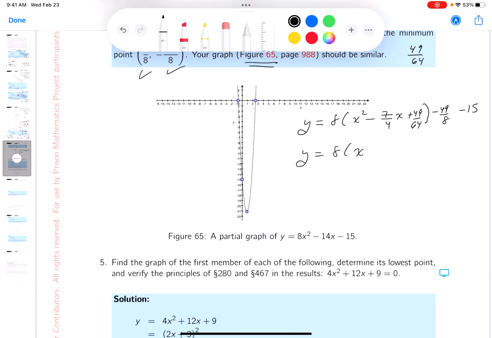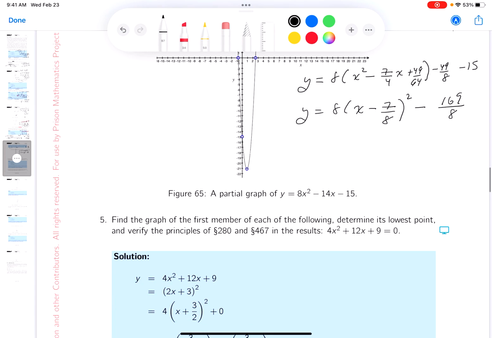And this would be x minus 7/8 squared. Now I got to do this over here, and that's a common denominator of 8. Let's see if we can do that. That's minus 49. Whoops. 8 times 15 is 80, and 40, 120. That's going to be 169.